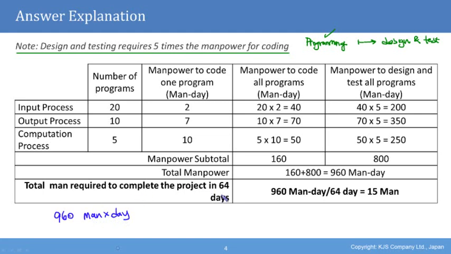If we want to complete the project in 64 days, then we can see from the units that we need to divide by the days. So if we're going to do it in 64 days, then all we need to do is do 960 man days divided by 64 days, and we see that the days cancel, and then we do the fraction, which is 960 over 64, which gives us 15, and that leaves us with 15 men.